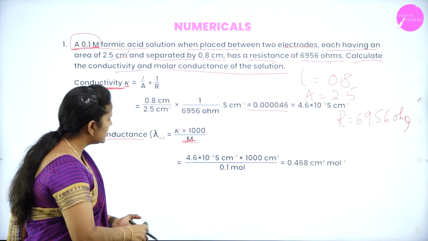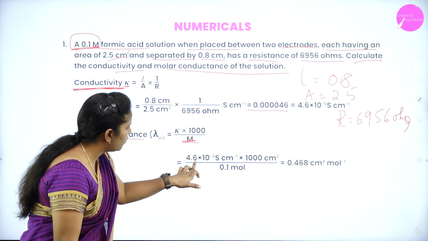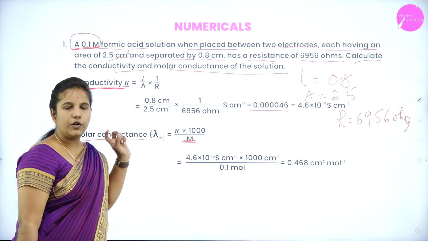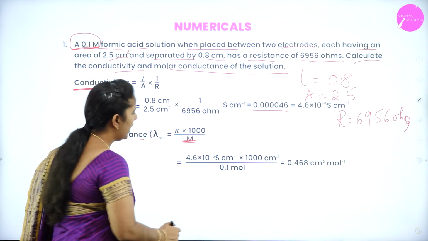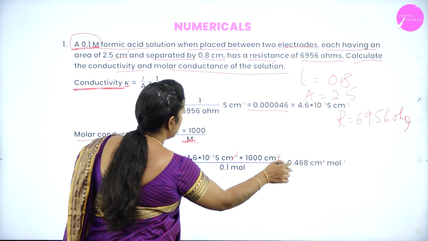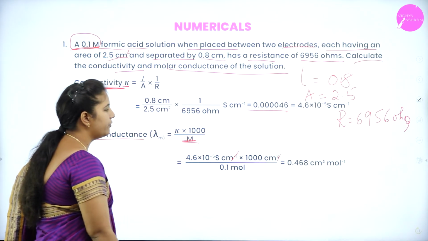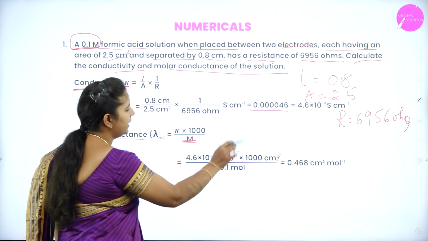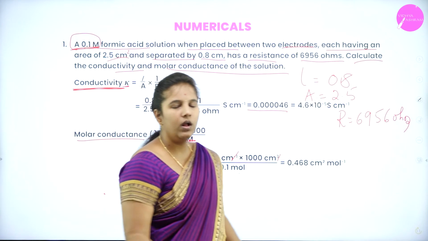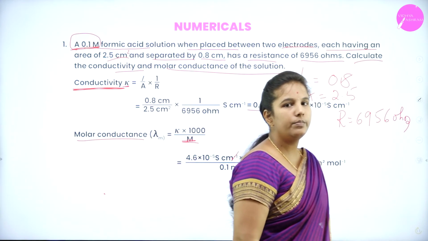If you substitute the values, that is 4.6 into 10 power minus 5 into 1000 divided by 0.1 molar, observe that the centimeter will get cancelled. So it will become 0.468 centimeter square per mole. This is how you can easily solve the problem.